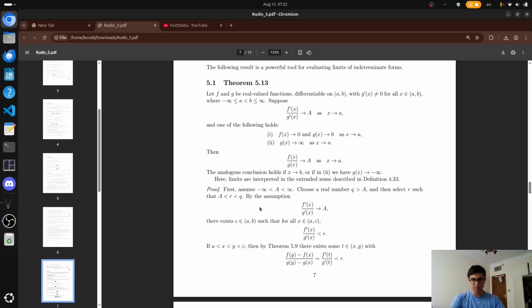Let's read the proof now. First, assume negative infinity less than a less than infinity. Choose a real number q greater than a, and then select r such that a is less than r less than q. We know that this happens, and we know that f prime of x over g prime of x is less than r for all x in (a, c) when c is in (a, b).